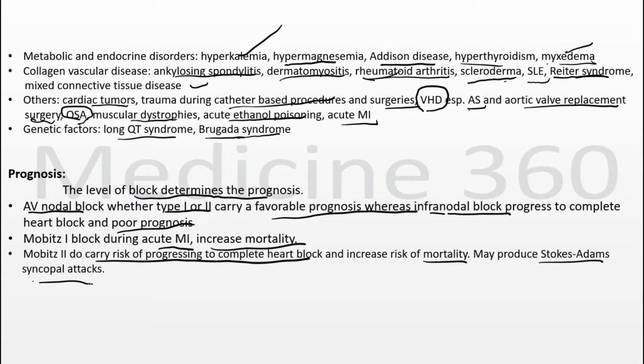Stokes-Adams syndrome is associated with recurrent syncope attacks, which can be due to poor cardiac output. It may be due to myocardial infarction, or severe bradycardia, or second degree heart blocks.